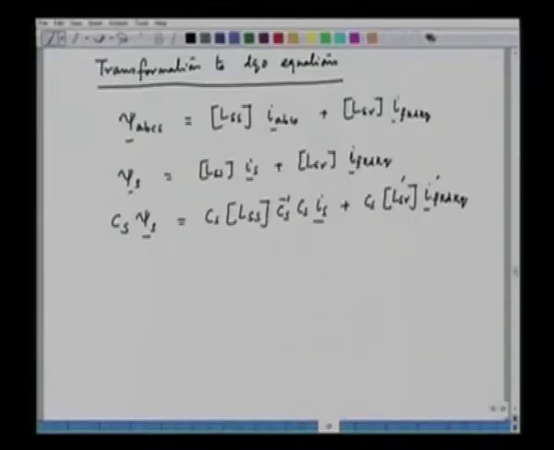And furthermore, when we are talking about a DQ system, we are transforming ABC into DQ. In case of a synchronous machine, the stator is a 3-phase stator, and we have chosen a rotor reference frame. It means the reference frame is housed on the rotor.